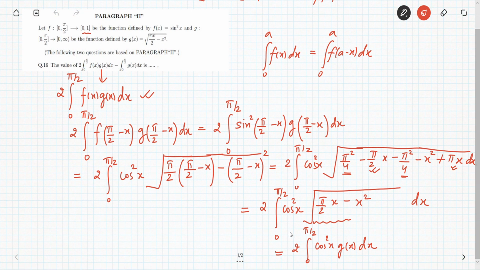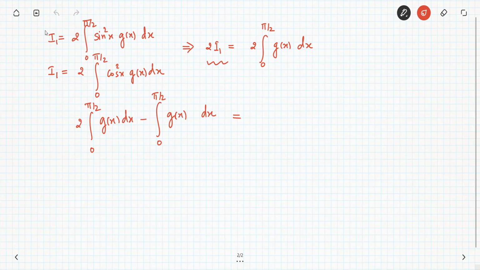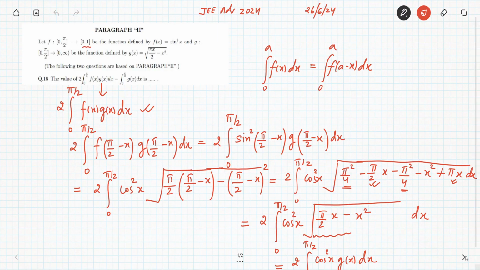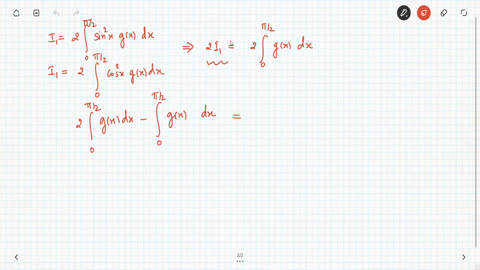So twice of this function, the value is this, and now when I add it, I get 2 times of, 2 is common here, also sin square x plus cos square x will be 1, and g of x is common, so it will be g of x dx. So what I got from here is I1 is equal to twice of 0 to pi by 2 g of x dx.